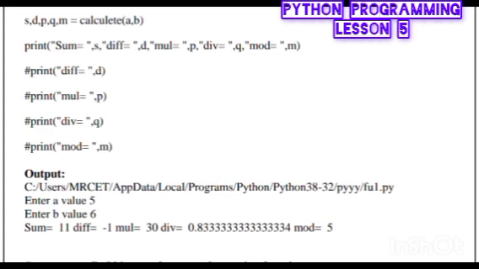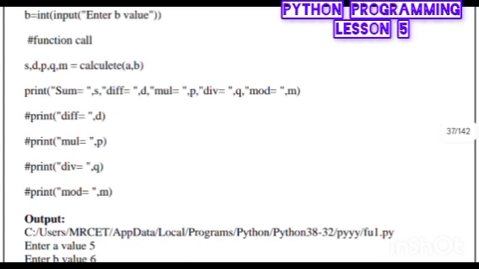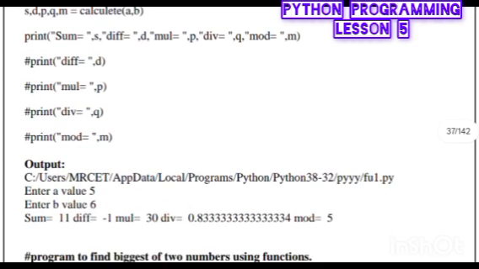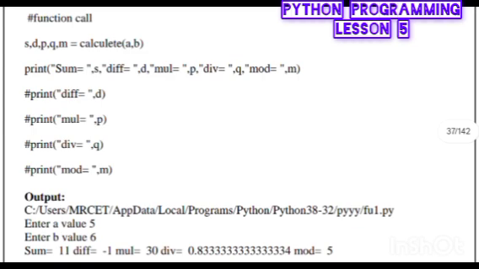First one, the value of 5, 6. Here the print statement prints like this. In the place of sd, we call the calculate function, and these values are printed.